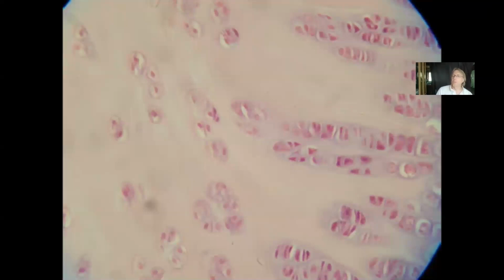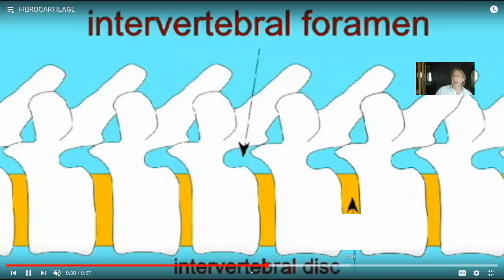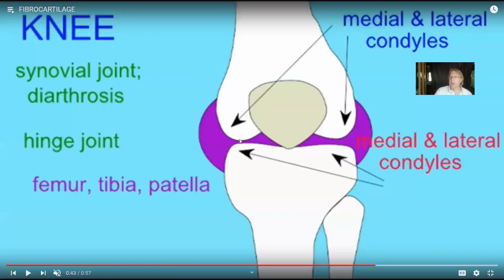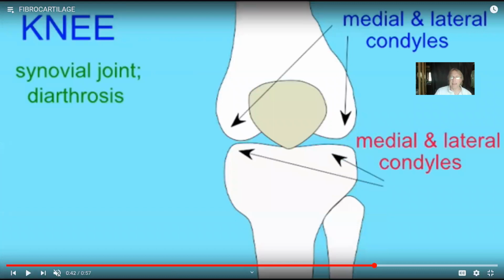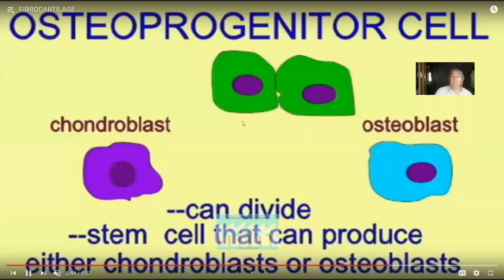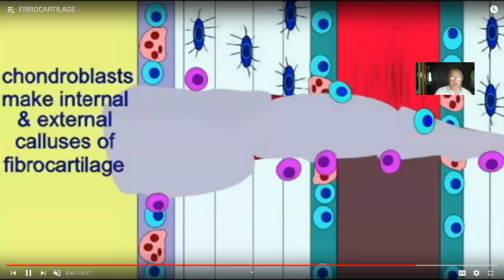And when we break a bone, during fracture repair, we make calluses of cartilage, and it is fiber cartilage which we find here. There are other sites as well. So for example, at the knee, we have structures known as menisci, which are made of fiber cartilage. So here you can see fracture repair there.